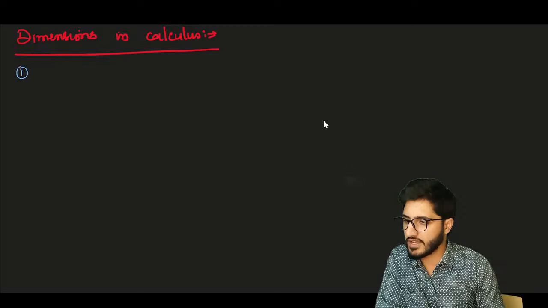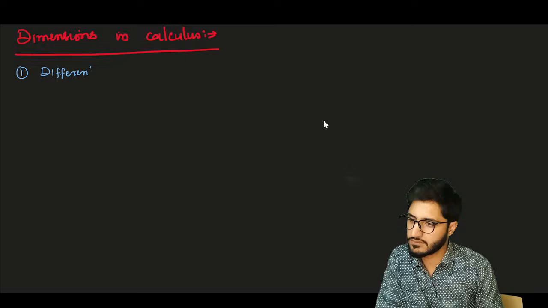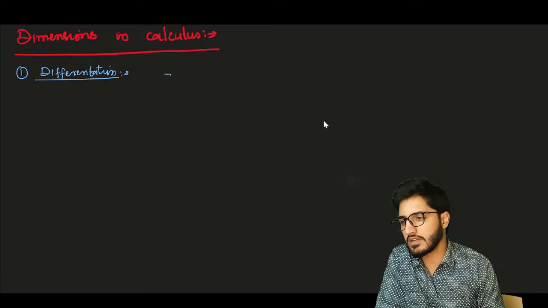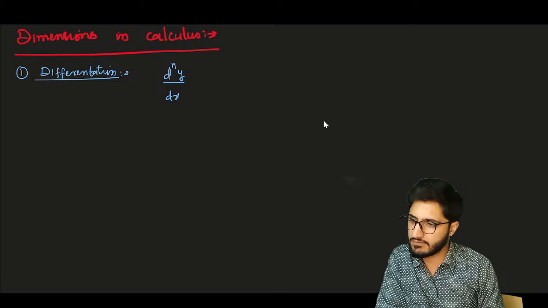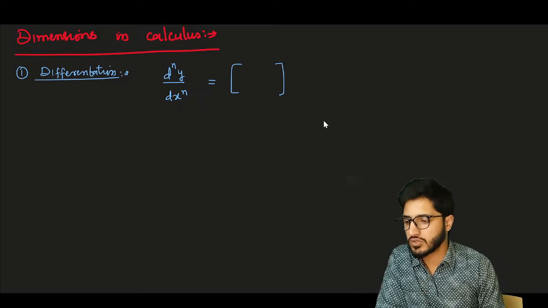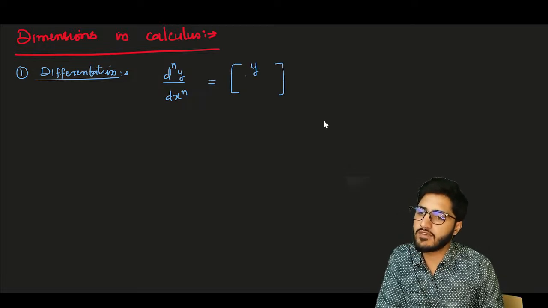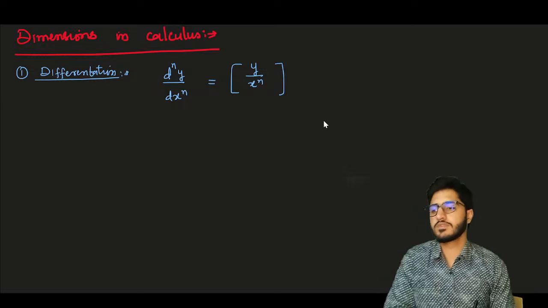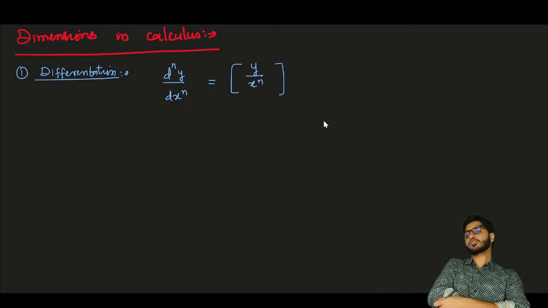First we have differentiation, and I will do the differentiation part first. If differentiation is d^n y by dx^n, and you want its dimensional formula, it is the dimensional formula of y divided by x to the power n only.